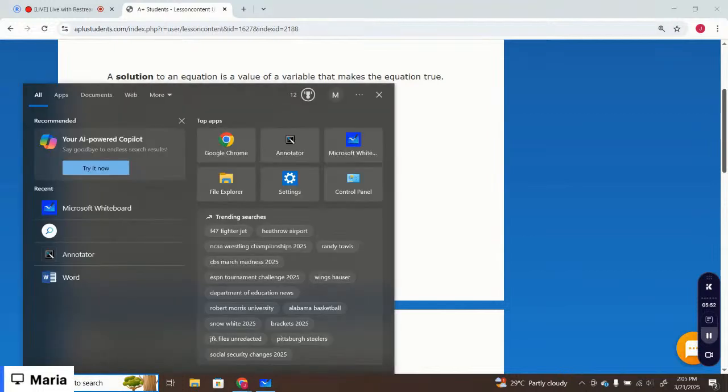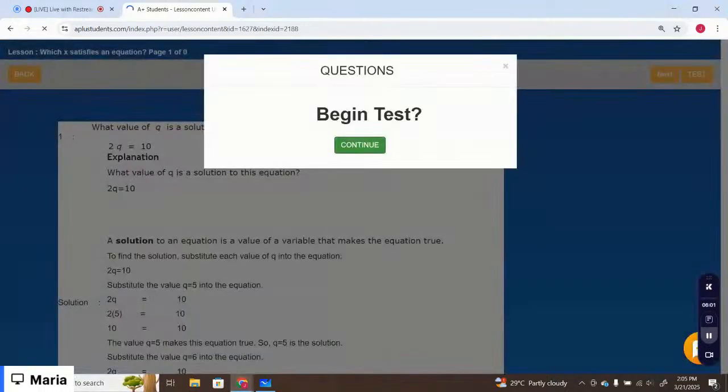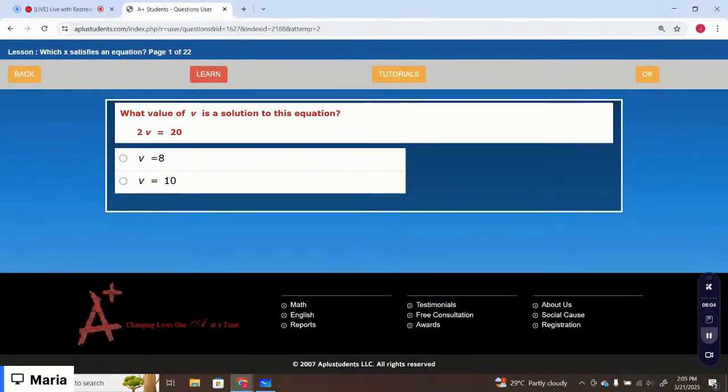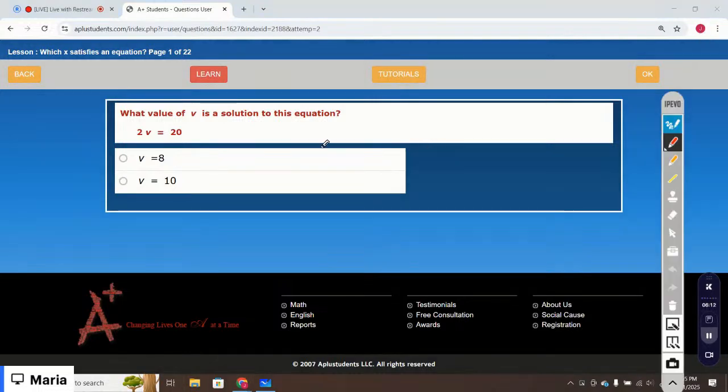Let's start with the test questions. What value of v is a solution to this equation? 2v equals 20. We are given two values, 8 and 10. Start with the first one. 2 times 8 equals 20? 8 times 2 is 16. 16 is not equal to 20. That means 8 is not the correct option, because 8 does not satisfy the equation.